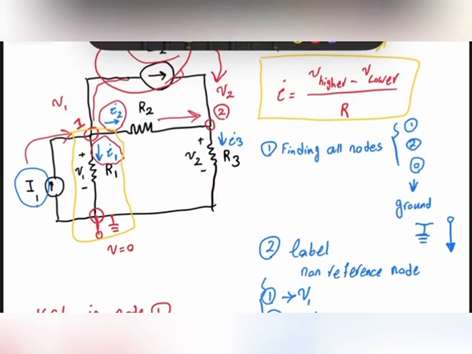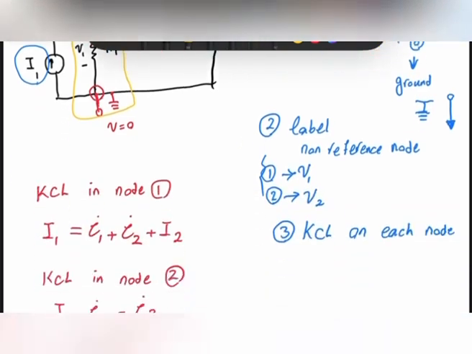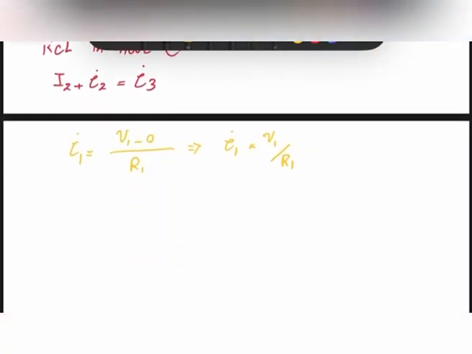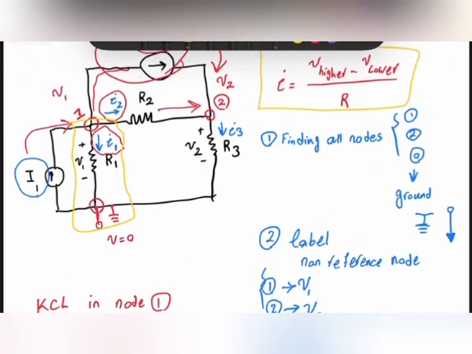What about I2? I redraw this circuit just for the I2 section. So this is my I2, and this is the resistor R2. Here, what are our labels?